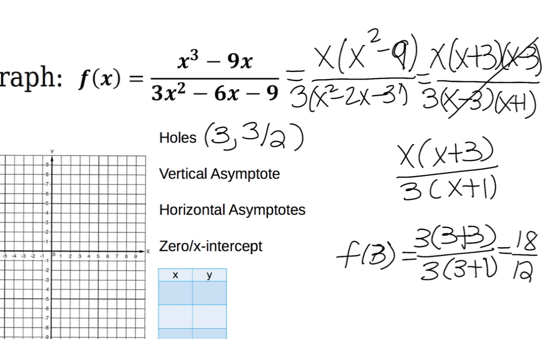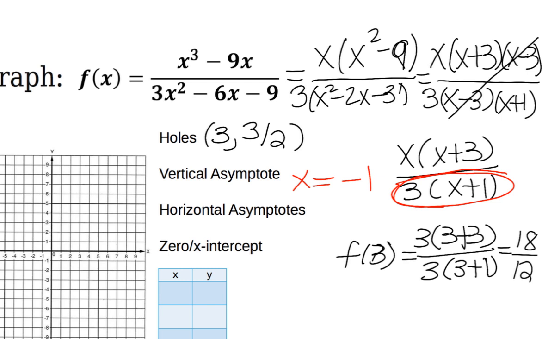All right, so now we're going to look at the denominator to find our vertical asymptote. So our vertical asymptote comes from our denominator, and when we set this equal to 0, the 3, when we divide that, still gives us 0, and then we subtract over the 1, so our vertical asymptote is going to be at x equals negative 1.